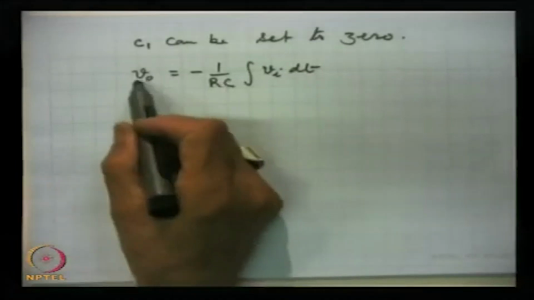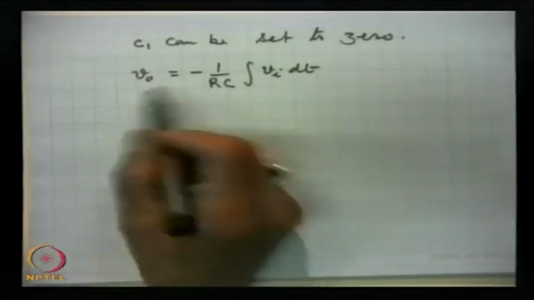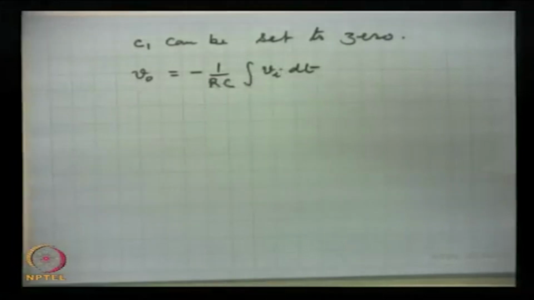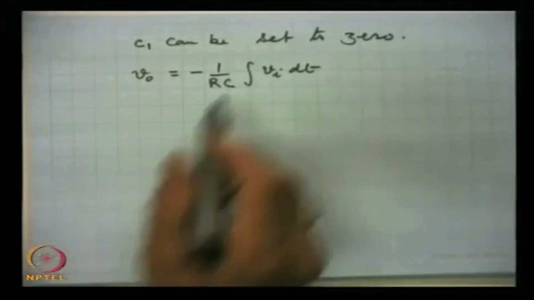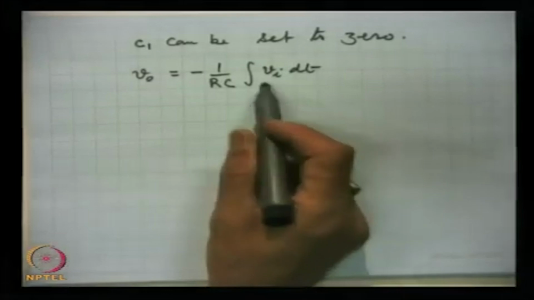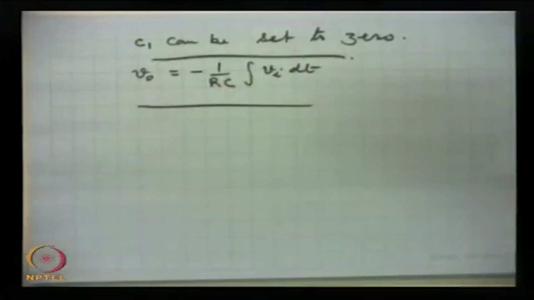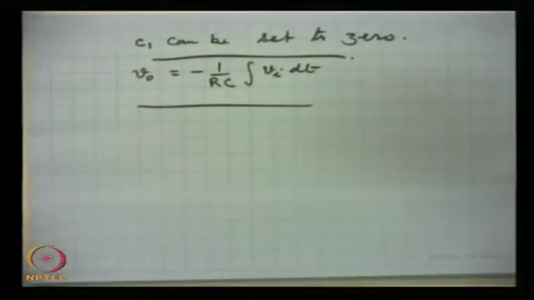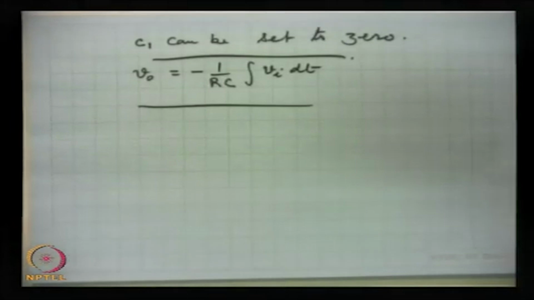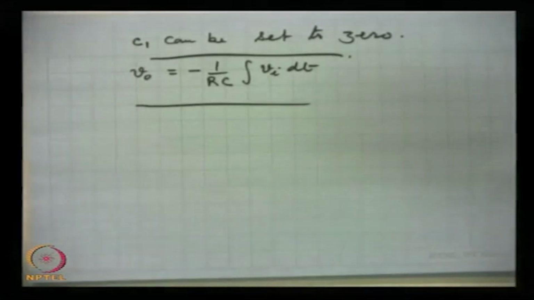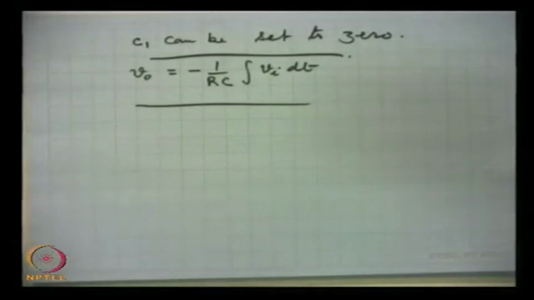So V0, the output voltage, is proportional to the integral of the input voltage. This is the integrator or integration amplifier.